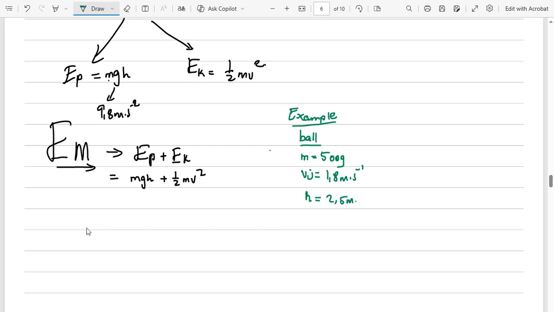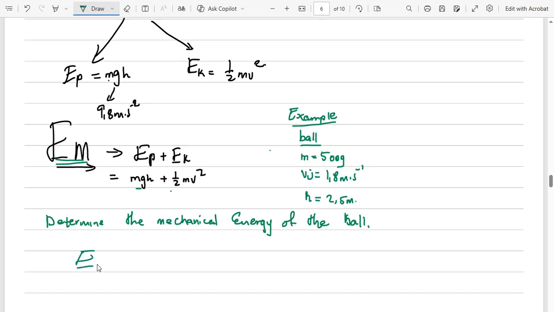They want you to determine the mechanical energy of the ball. You just have to know that EM is the sum of these two.